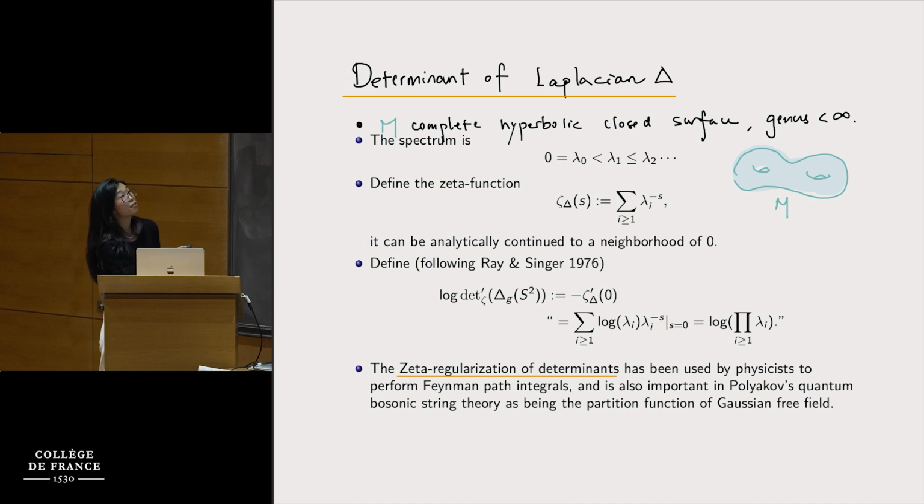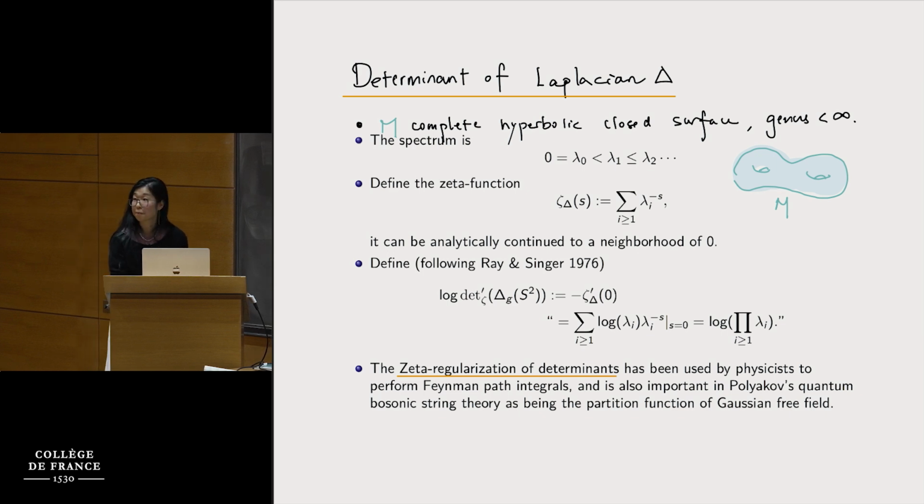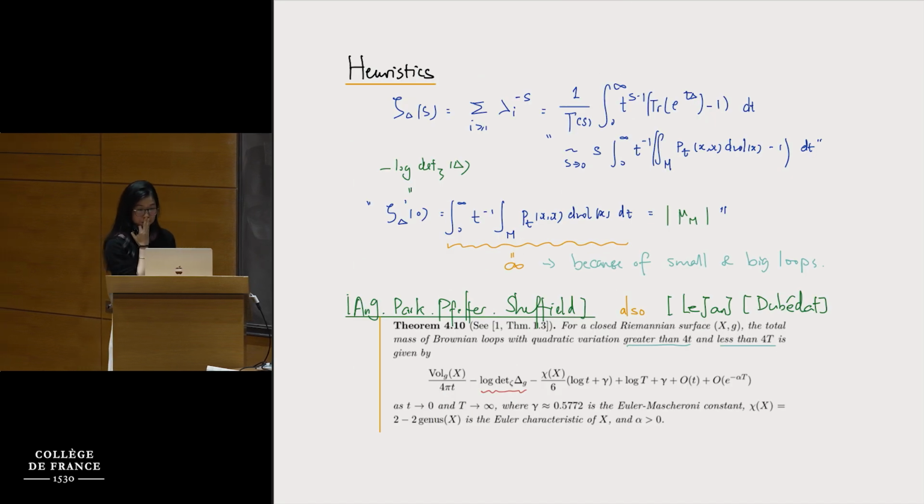Of course you can't do this directly because they grow linearly, but in this way, introduced by Ray and Singer, this zeta regularization at least gives you a number which can be interpreted as the log determinant of the Laplacian. This is very much used in physics; every time you want to take a determinant of the Laplacian, they use this. That is related to the Brownian loop measure.